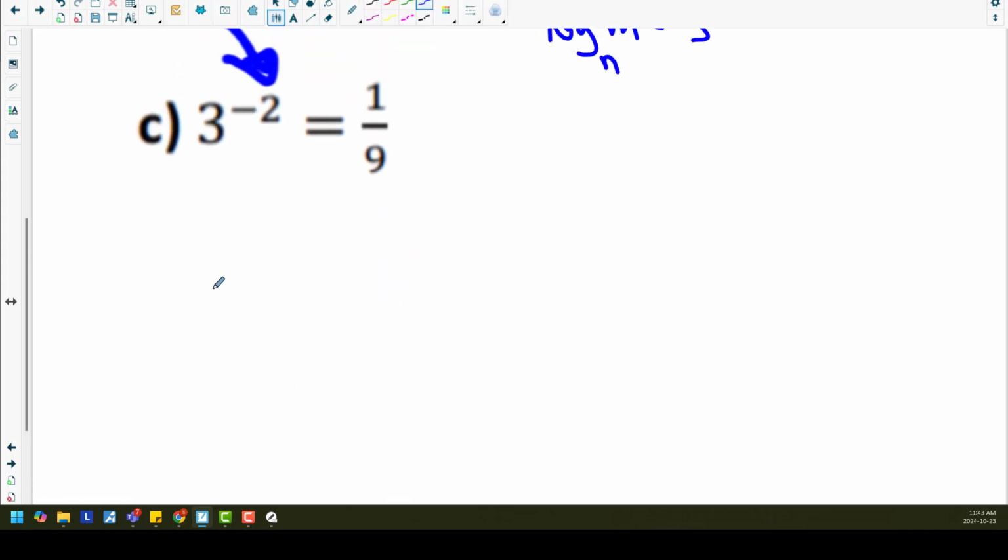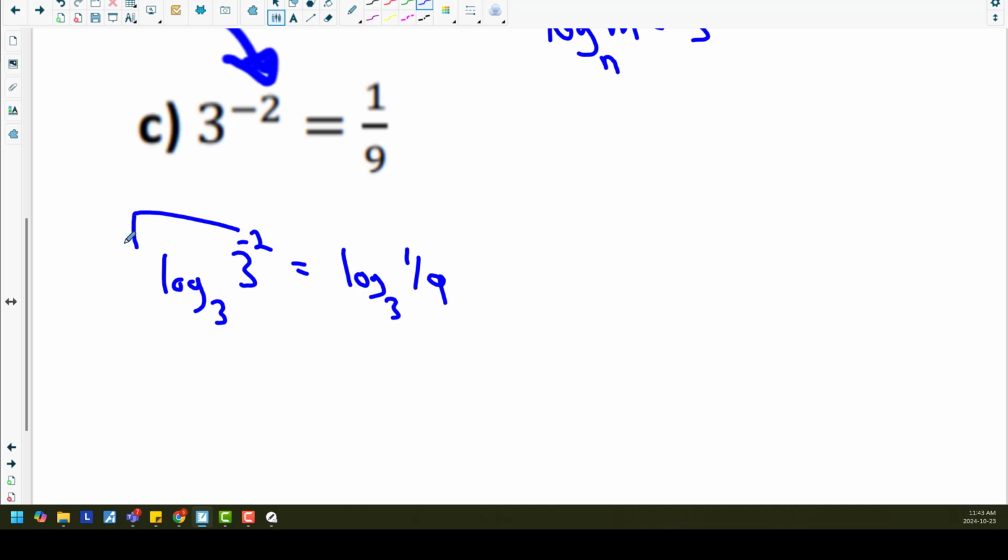So, log base 3 of 3 to the power of negative 2 is equal to log base 3 of 1 over 9. Why is it log base 3? Because 3 has a term with the exponent. So the base value is 3, and we want to keep the base values the same.